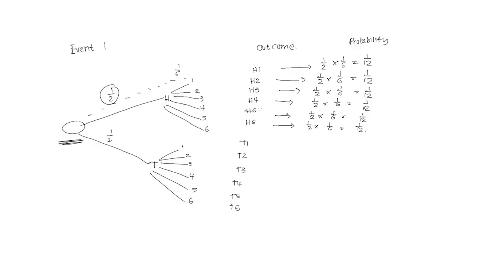This was an error and it's supposed to actually be H5. So the probability of tossing a head and rolling a 5 on the die.